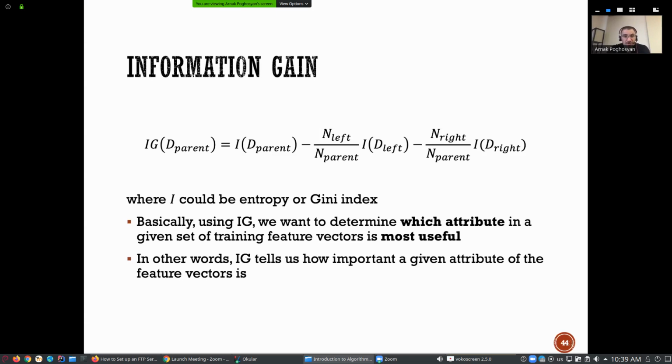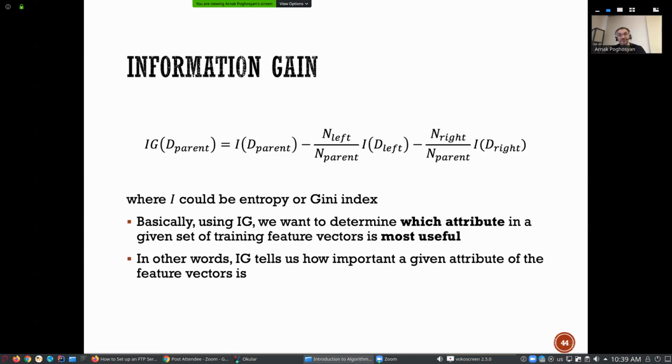Here you see IG standing for information gain for a parent. We are trying to understand: is it reasonable to continue splitting or not? On the right, we have the information gain formula where you see this I. Instead of I, we can calculate entropy or Gini index, no big difference.